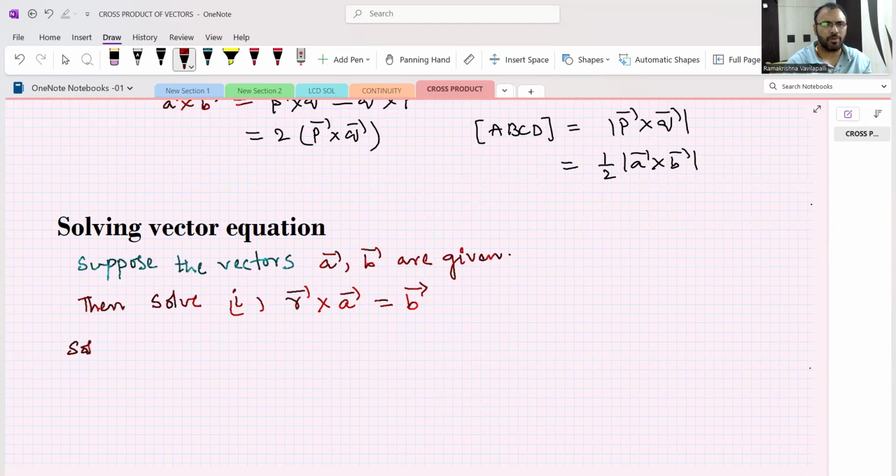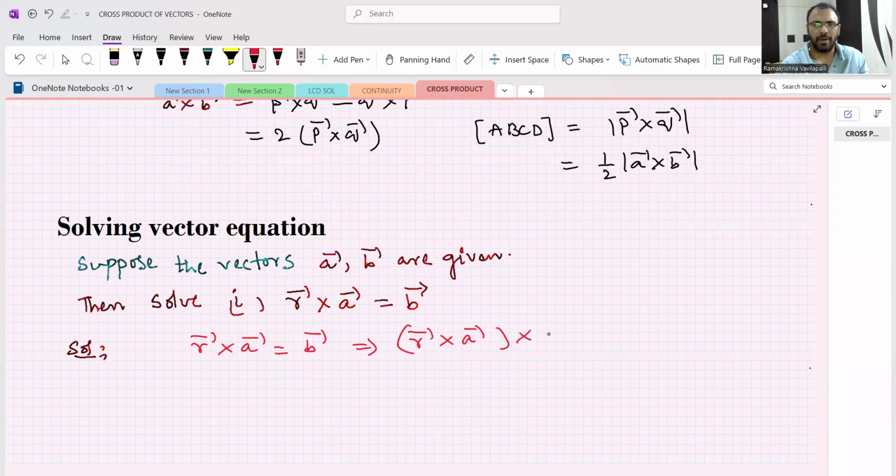The process is important. You take R bar cross A bar is equal to B bar. This implies taking cross A bar on both sides: R bar cross A bar cross A bar equal to B bar cross A bar.